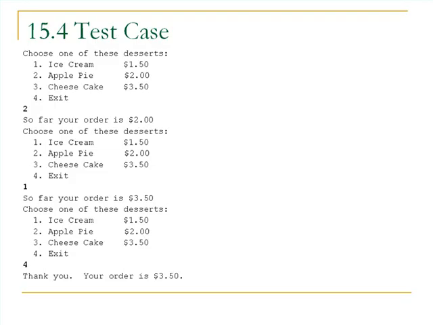And the user chooses 1. So far your order is $3.50. And then choose one of these desserts. And we keep presenting the menu for as long as the user does not choose number 4, which is the exit. And then at the end we will present a summary message of the order, that the order in this case is $3.50.